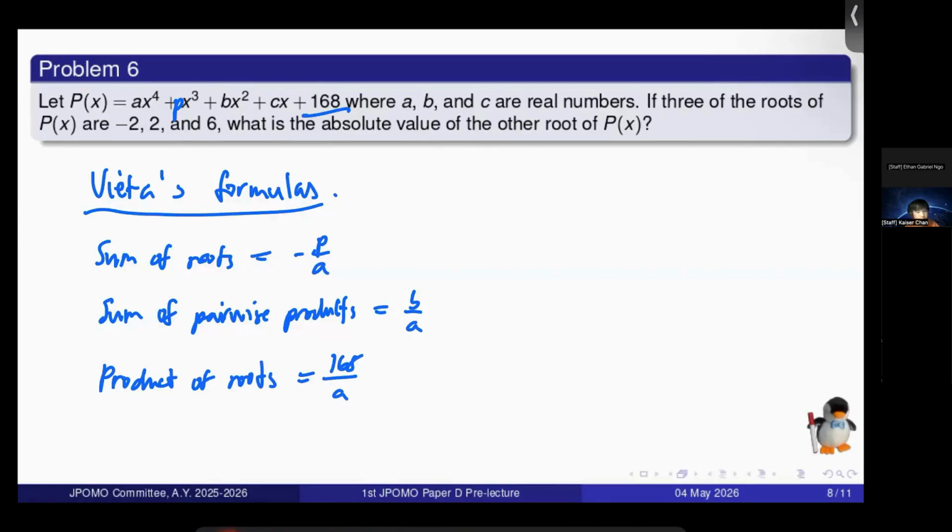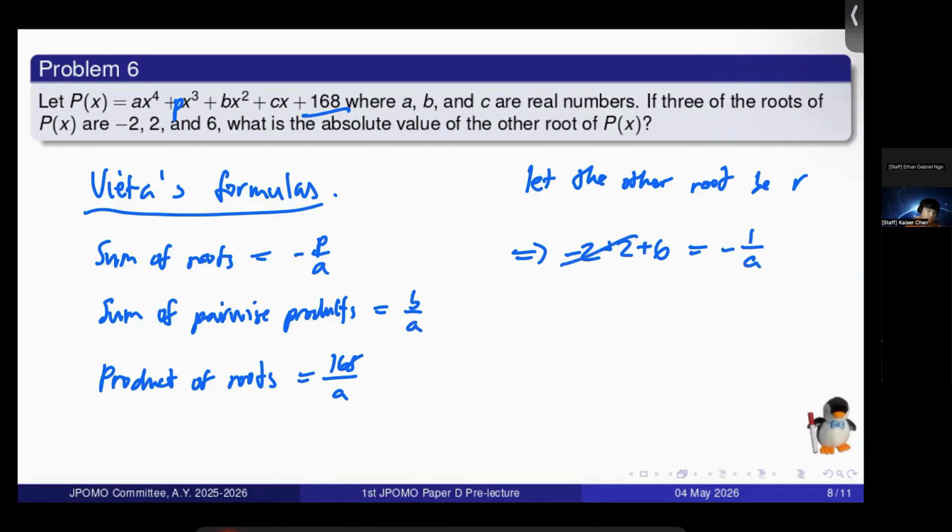So here, let's use it with the roots that we have. Notice that the current roots that we know are -2, 2, and 6. We can let the other root be r. Then, removing this p here since we know that it's 1, we have that -2 plus 2 plus 6 plus r is -1 over a.